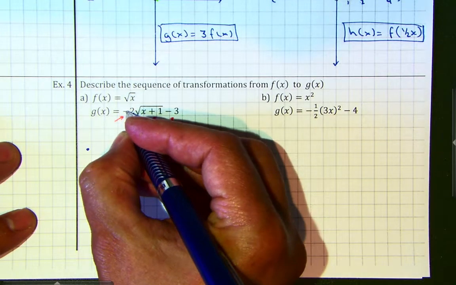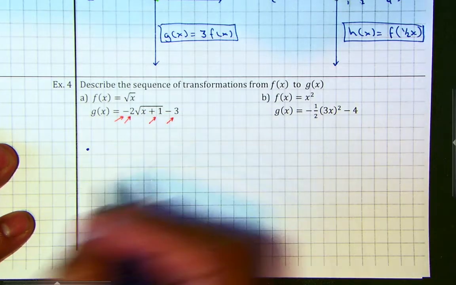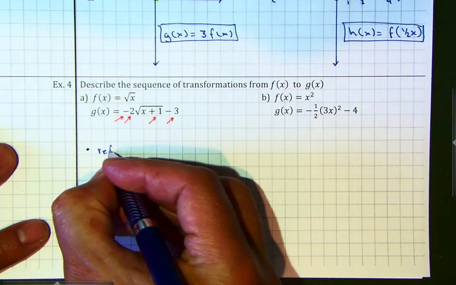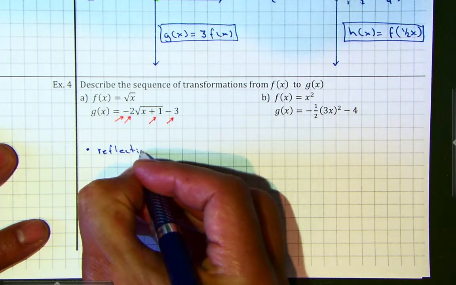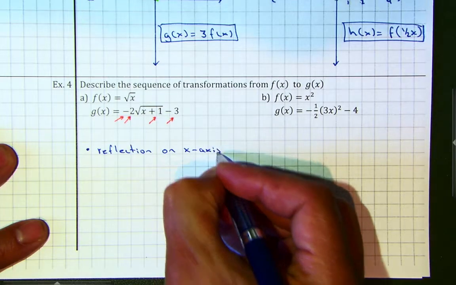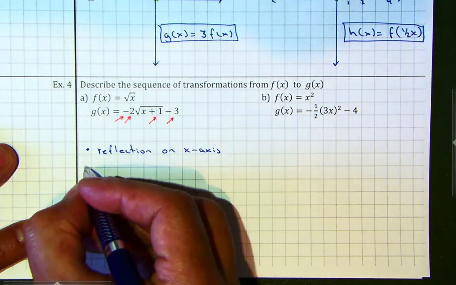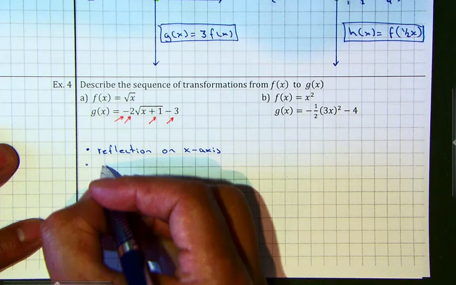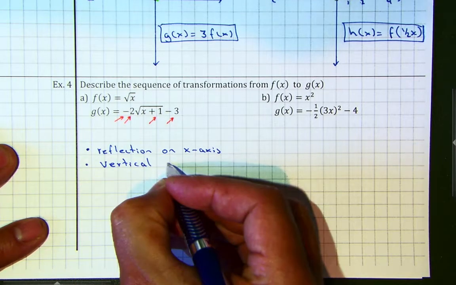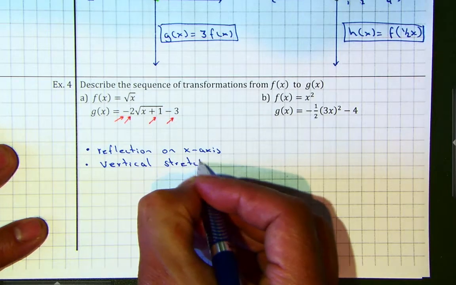The first one will be a reflection on the x-axis. The 2 is going to be a vertical stretch by a factor of 2.